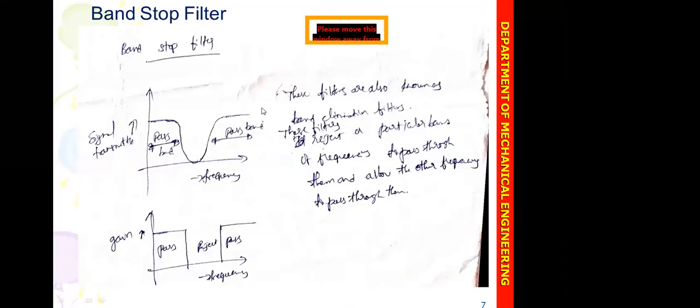Then next, do you understand this one? Here we are discussing the signal, right? The frequencies from the signal we are eliminating, and then we are passing a certain band.